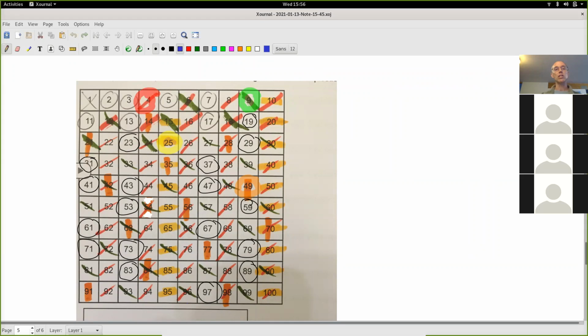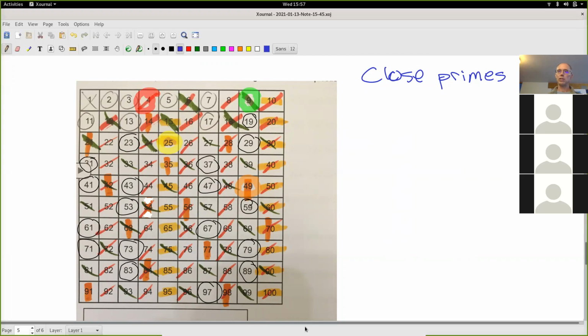So what's the closest together a pair of primes can be? Anybody? What's the closest together two primes can be? See, there's nothing in the chat.